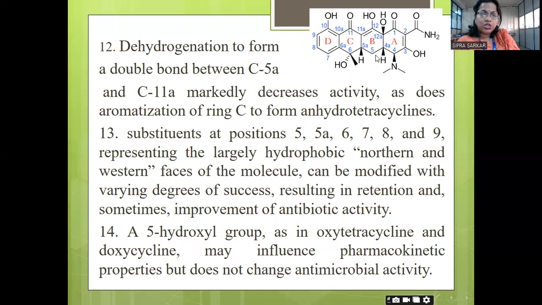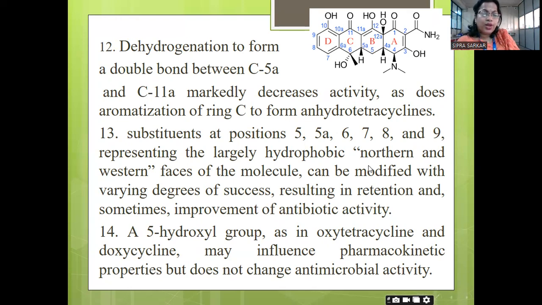At the C5 position, if dehydrogenation occurs, that means hydrogen is removed, there will be formation of a double bond between C5a and C11. You can see here the C5 and C11. As a result, aromatization of the ring occurs to form anhydrotetracyclines, which is another compound.